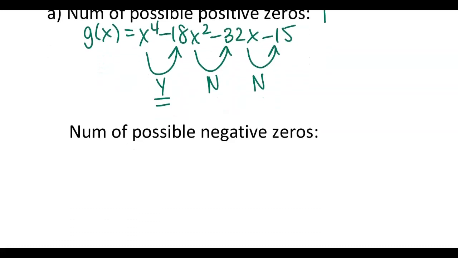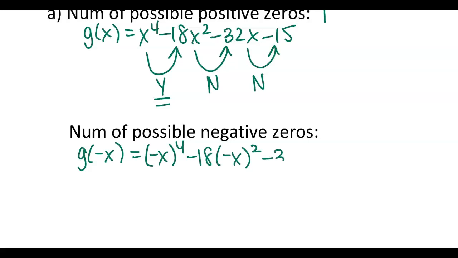Let's do the same thing for possible negative zeros. So we're going to have G of negative x. I have to simplify. Anytime you raise a negative to a power of 4, so any even number, is going to be x to the 4th power positive.